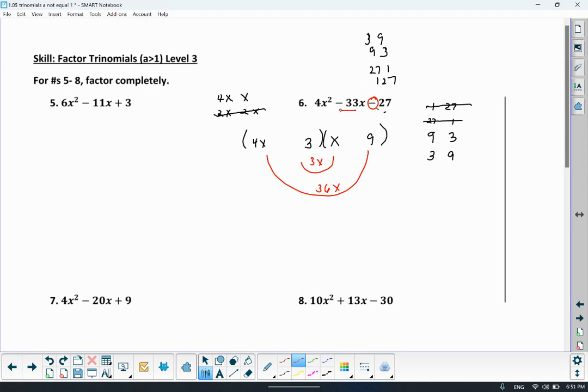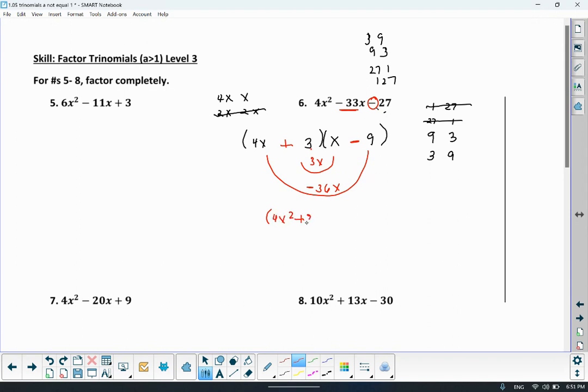Well, I need my middle term, the product of the inner and the outer, to add to a negative number. That means I have to have a larger negative product. So that means that this one has to be negative and this one has to be positive. So that's positive 3x, negative 36x, adds to negative 33x, which is what we want.